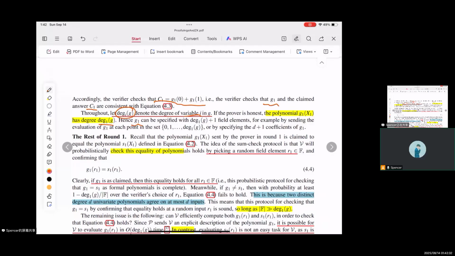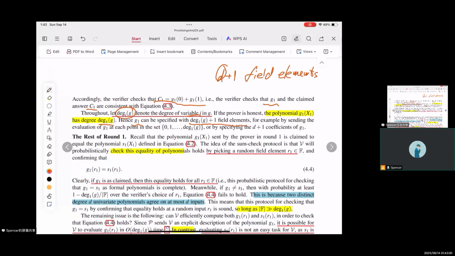Because it is a polynomial, it can be specified by d plus 1 elements, where d is the degree of g1, also field elements.